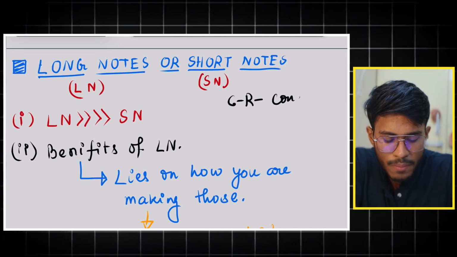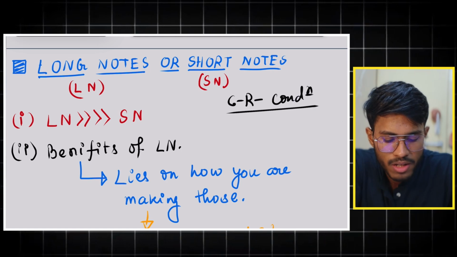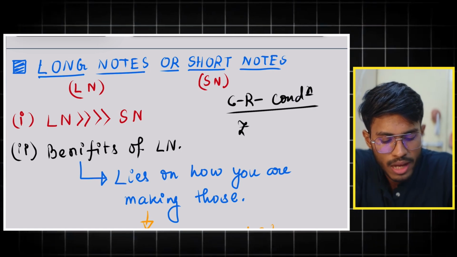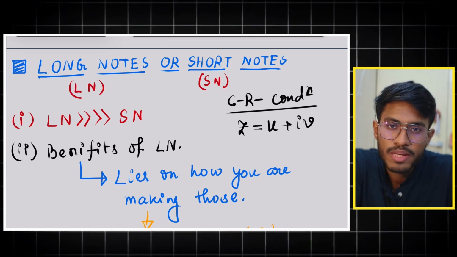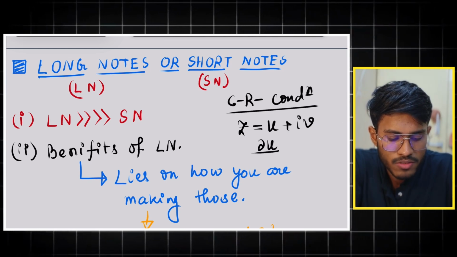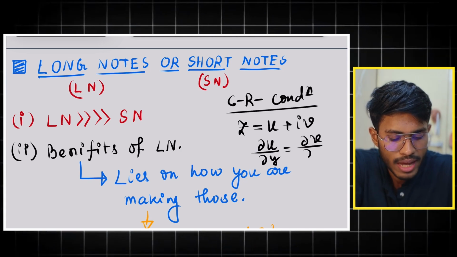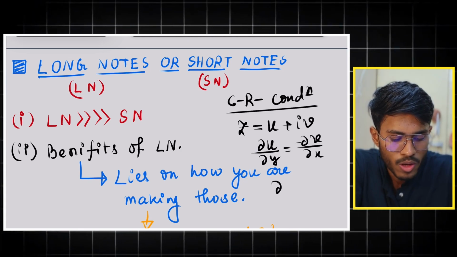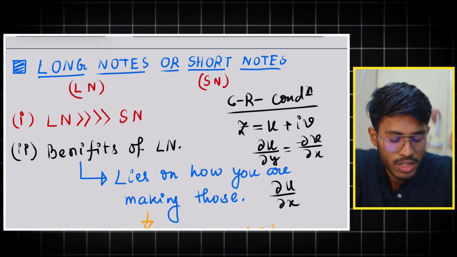So Cauchy-Riemann conditions: if I have a complex number z equals u plus iv, then this complex number will be analytic if del u del x equals del v del y, and del u del y equals minus del v del x. So these are the two conditions.